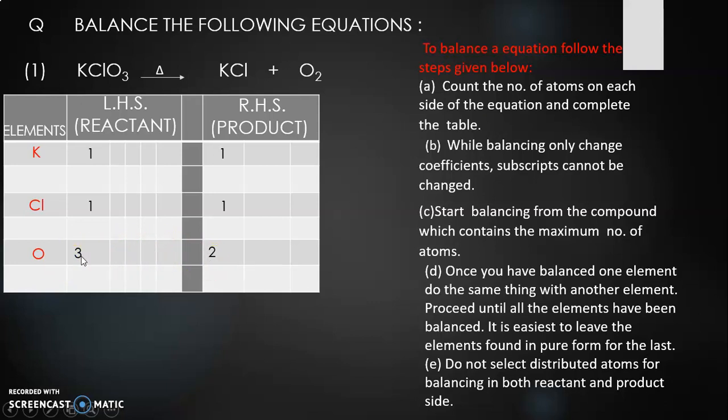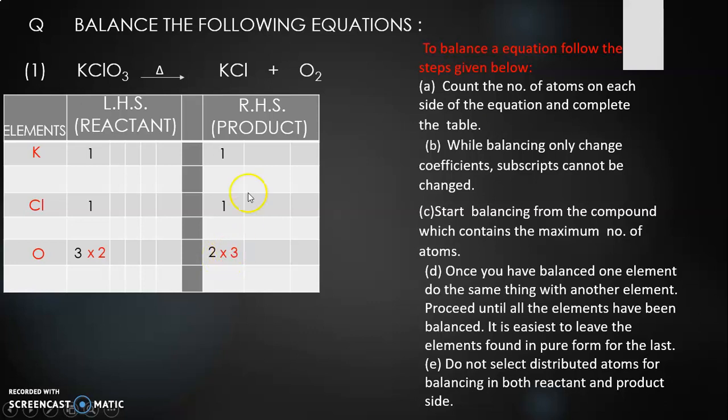So what do we do? We take the LCM. So students, what is the LCM of 3 and 2? Right, 6. So we multiply 3 with 2 and 2 with 3 to get 6 on both the sides. Next step, we will multiply 2 on the reactant side and 3 where oxygen is there on the product side.